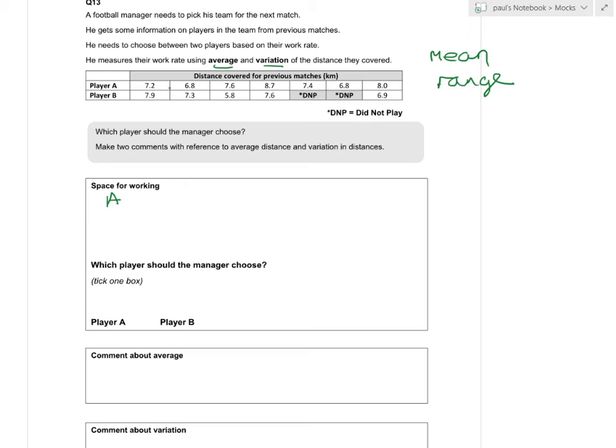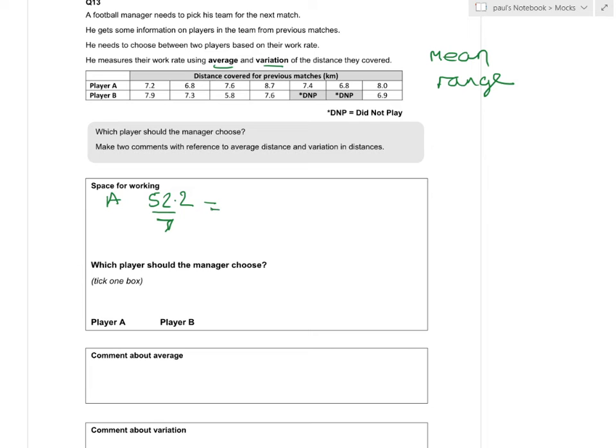So the mean of player A, we've got to add all that lot up, 1, 2, 3, 4, 5, 6, 7. Then add all that up and divide by 7. So 7.2 plus 6.8 plus 7.6 plus 8.7 plus 7.4 plus 6.8 plus 8 equals 52.2, I think.